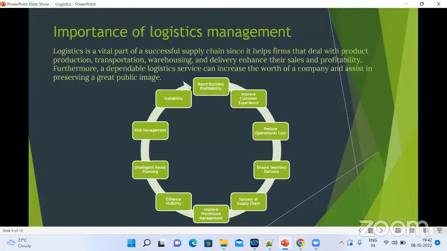And then for the success of the supply chain, it will enhance the visibility. Even if you open any social media or any order wherever you make it, it will show the truck, or it will show as a line where exactly your order is. And then intelligence of route planning. So how it needs to be routed, in which area, depends upon the area.